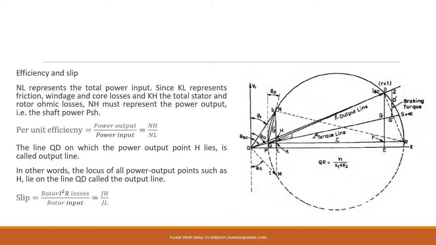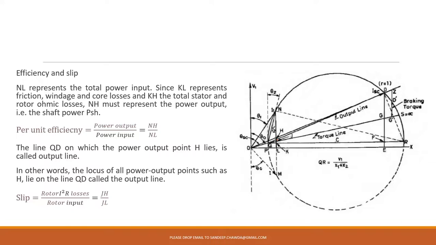The KH was giving you ohmic losses, I square R losses in stator and rotor. So now what do you have? You have complete losses and complete input, so you are in a position to determine the power output or shaft power. So what will be your shaft power?